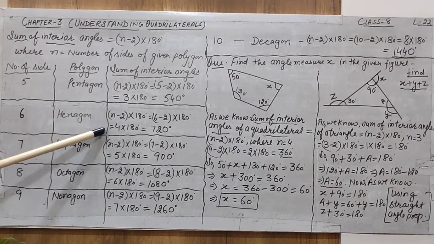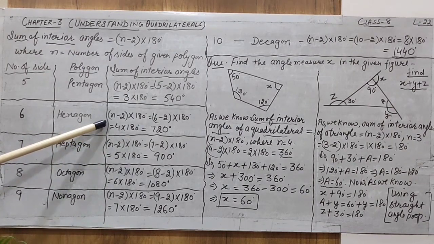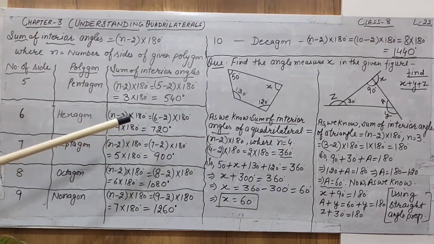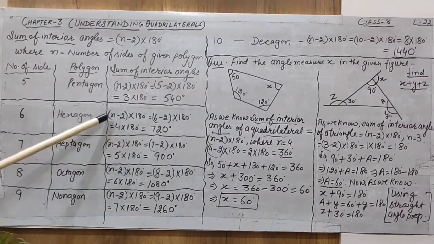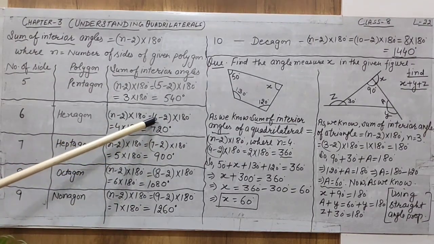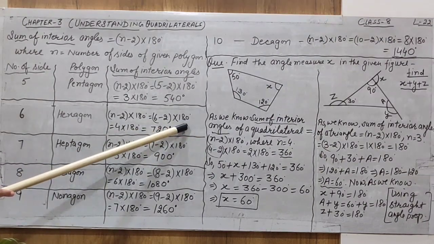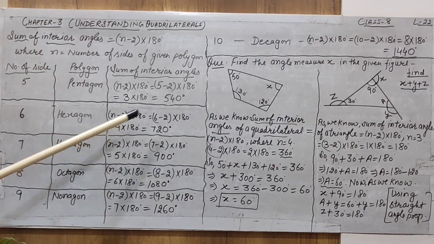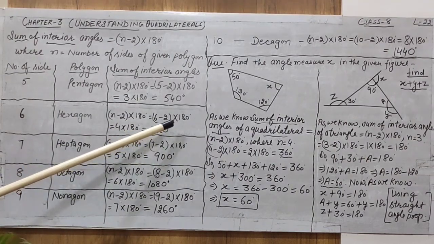So we can say the sum of the 6 interior angles can also be found with the help of the same formula, that is (n minus 2) multiplied with 180 is equal to, put the value of n, that is 6 minus 2 multiplied with 180. 6 minus 2 is 4, multiplied with 180. We get 720 degrees.